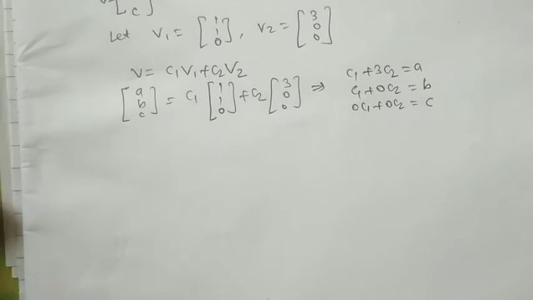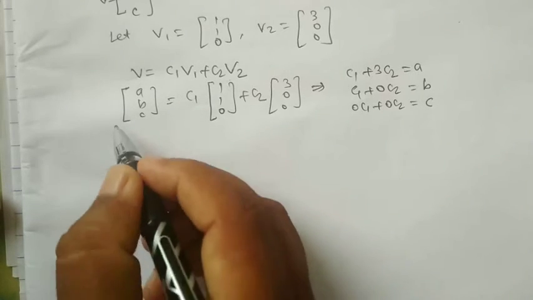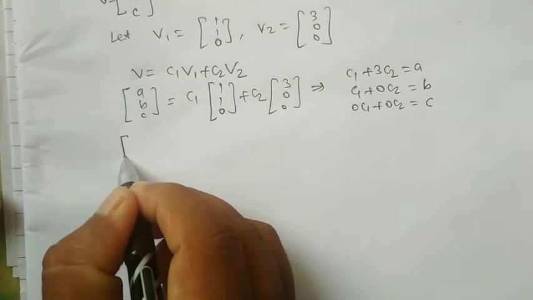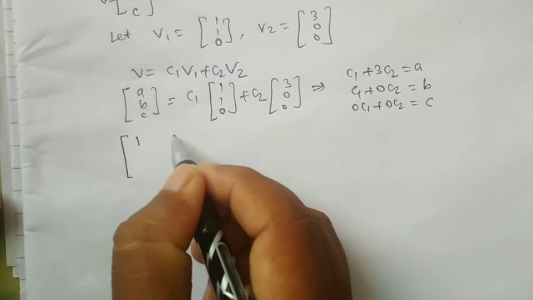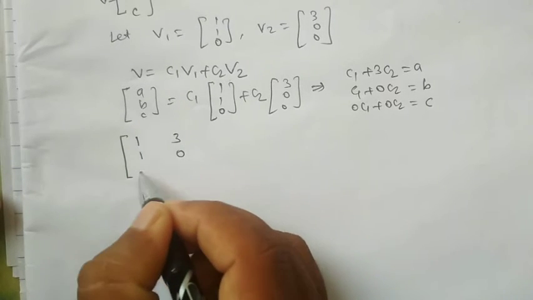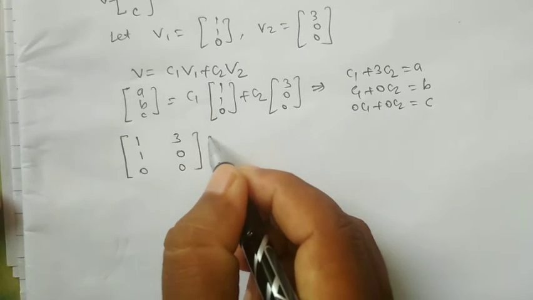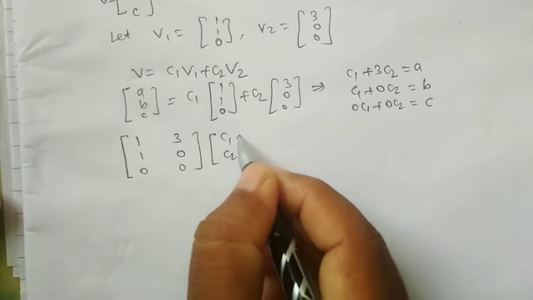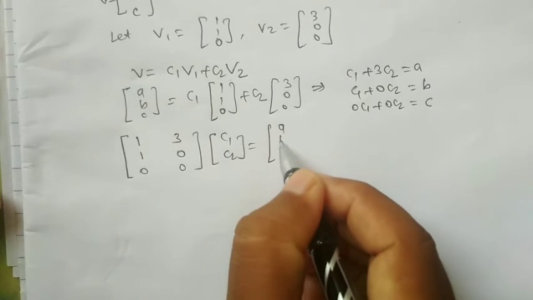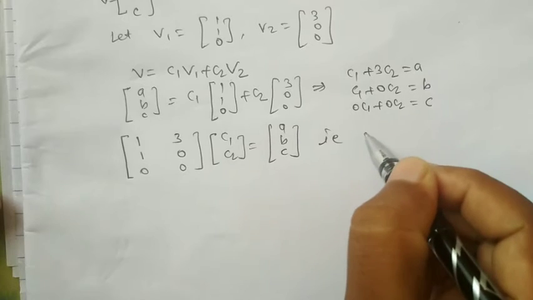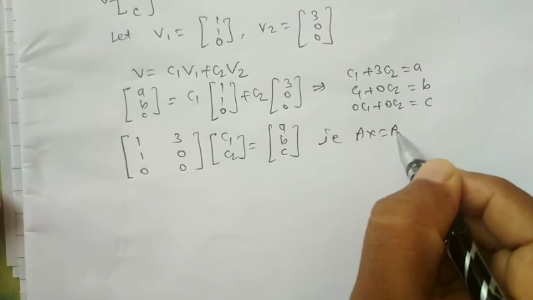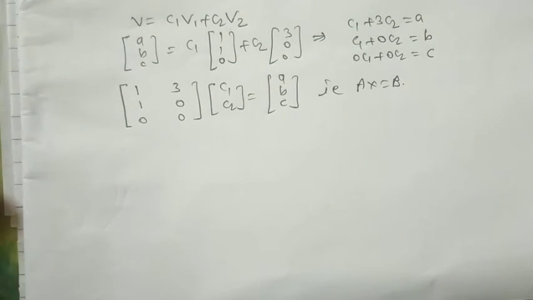We have to solve this. We can write this system in the form Ax equals B: the matrix with rows 1 3, 1 0, 0 0, times C1 C2, equals A, B, C. So solve this system.